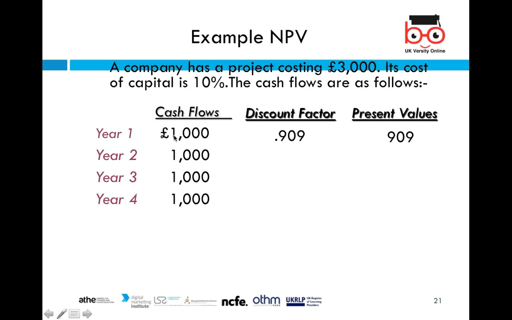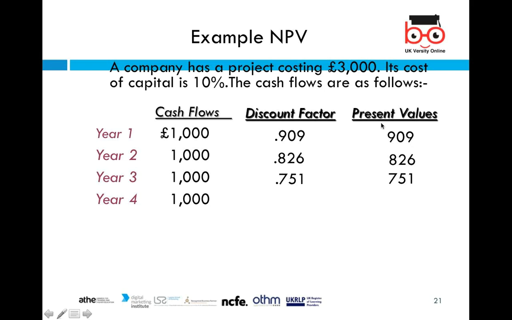Then the second year, the discounting factor is 0.826, because 0.909 multiplied by 0.909 is 0.826, and that multiplied by the 1,000 pounds comes to 826.